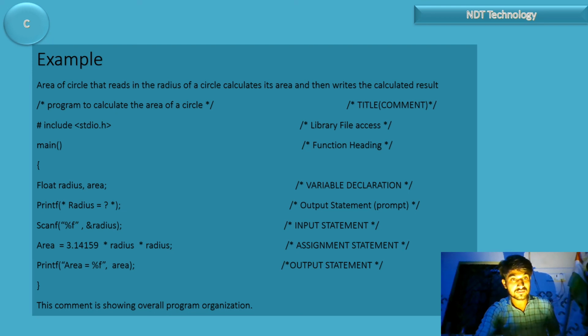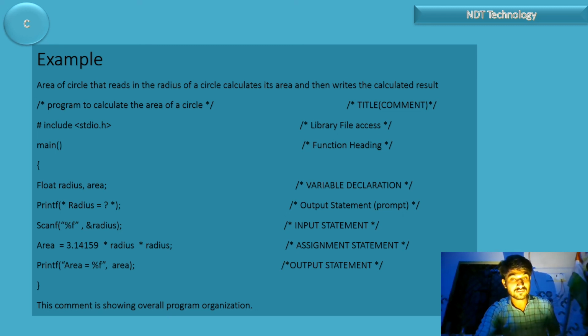So what is the formula for the area of a circle? Pi r squared. What is the mathematical value of pi? 22 by 7, which is 3.14159 and so on. So here I have simply put 3.14159 into r into r. That is the form of writing any program.